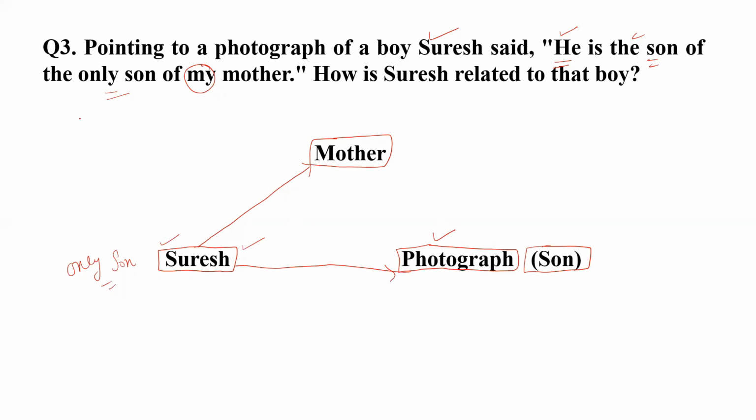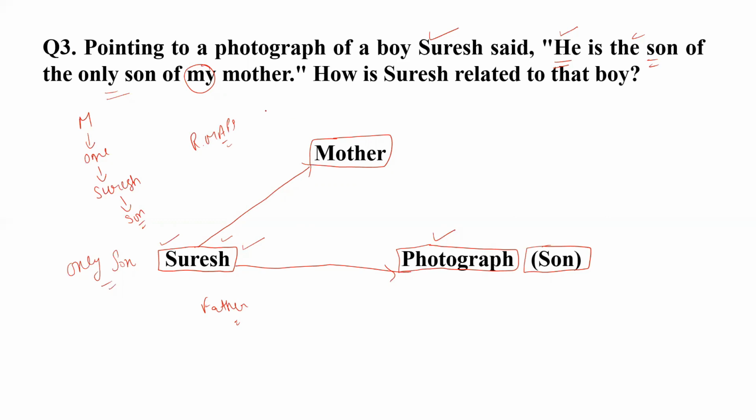Because the mother of Suresh has only one son, and that son is obviously Suresh, that photograph is the son of Suresh. So that means Suresh should be the father of the boy in the photograph. This is how the relationship maps can be built.